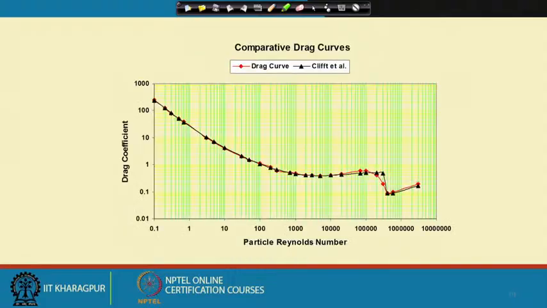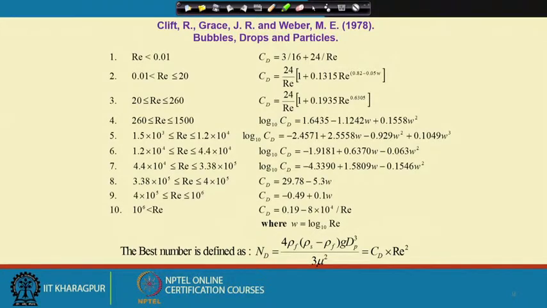Then we can calculate the drag coefficient based on the first set of equations. That means, if my Re is very small, I can use this equation to calculate the value of Cd, and once I know Cd, I can go back to the general expression for terminal settling velocity of a spherical particle and easily get the settling velocity of that particle, that is Vt.